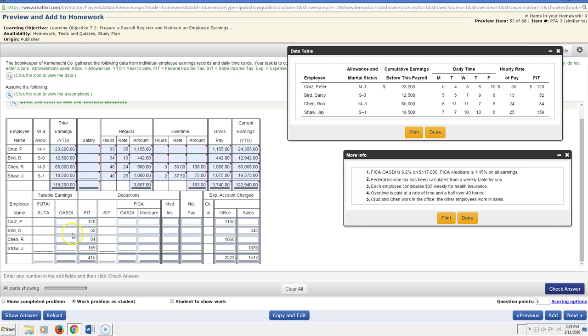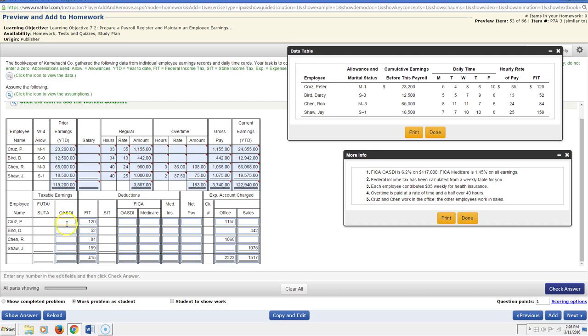Now, when we look at OASDI, we know these are all taxable because nobody's over the top. Okay, so I can just simply make life quicker for myself, given that nobody's over the top. We know that all of these amounts earned are going to be taxable because nobody's over the 117.